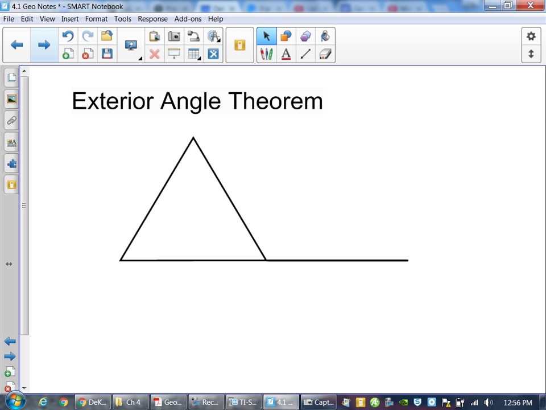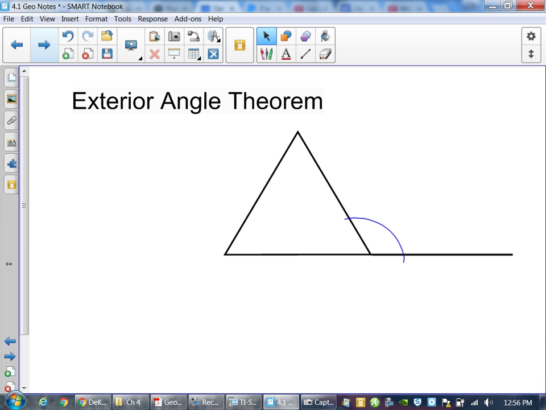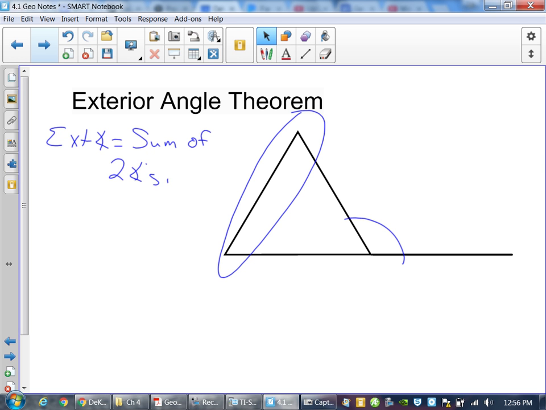But in this case, I'm looking at what's called the exterior angle of a triangle. It basically says the following: that outside angle is equal to the two it doesn't touch. The exterior angle is equal to the sum of the two angles it doesn't touch.